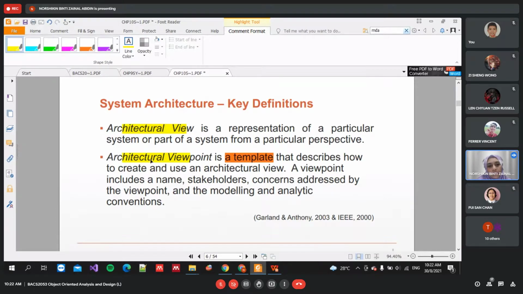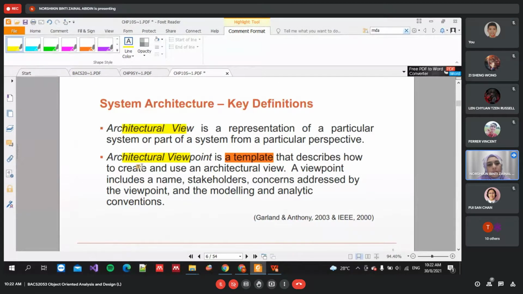So what is architectural viewpoint? An architectural viewpoint is a template that describes how to create and use architectural views. It is a template that we use to represent a particular system or part of a system, can be components, can be a module, from a particular perspective.